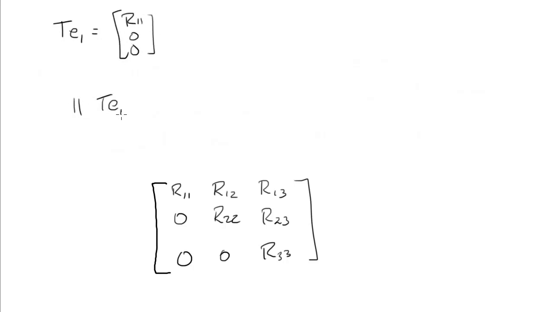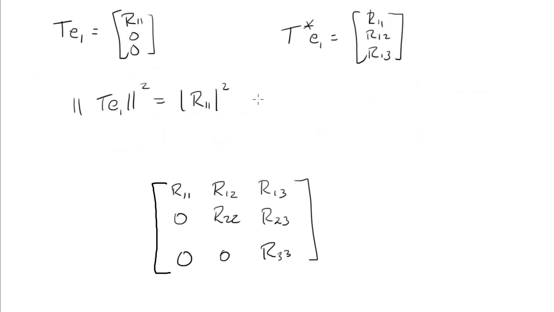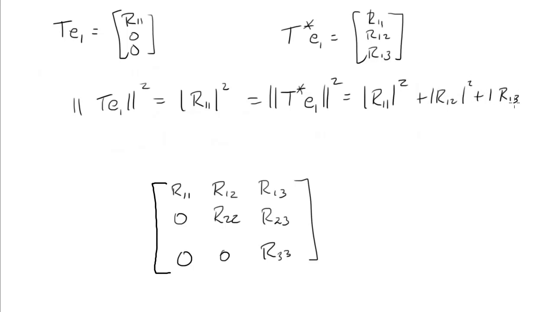We'll use the lemma we proved in class: that the length of T and the length of the adjoint on the same vector is the same. Well, that immediately implies, since all the components are positive, that R1, 2, and R3 must be 0.